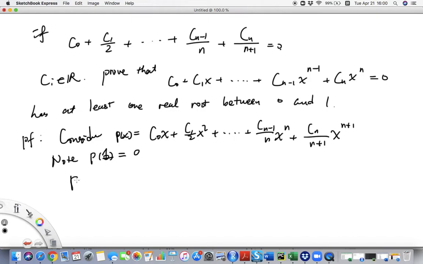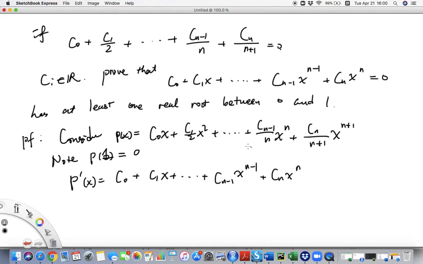Okay, so what's the derivative of this function? The derivative is C0 plus C1x plus all the way to Cn minus 1 x to the n minus 1 plus Cn x to the n. All right, so that's that.